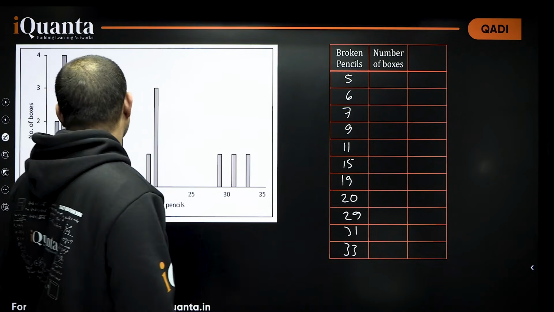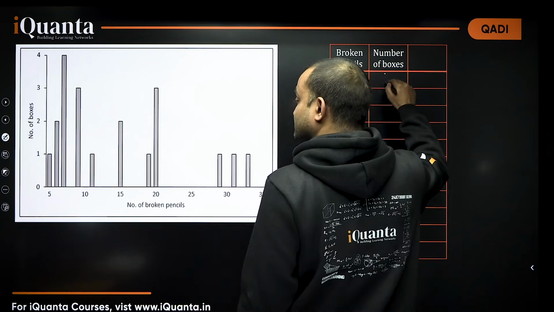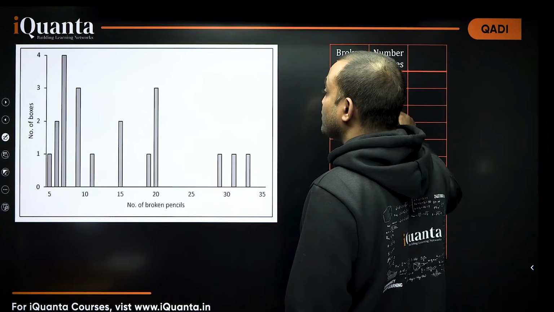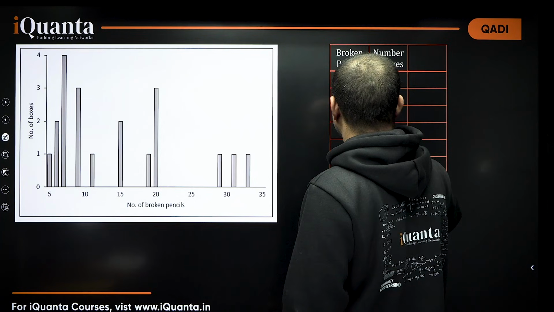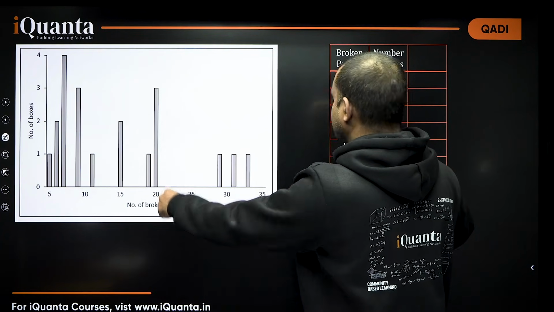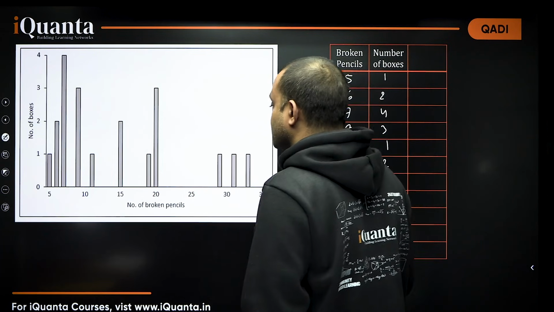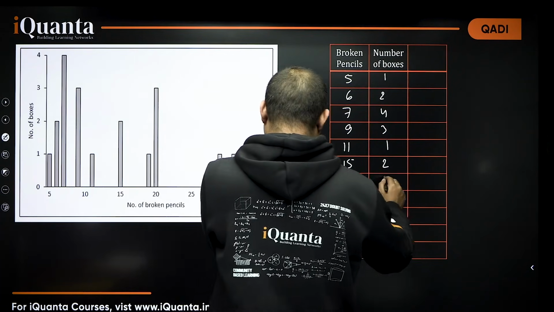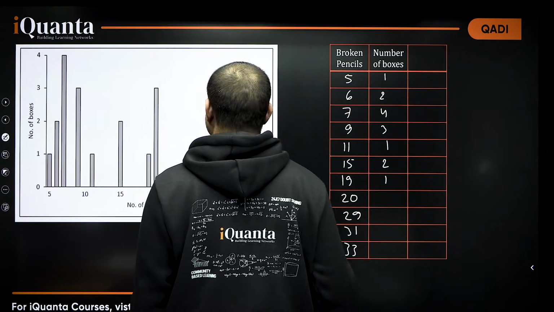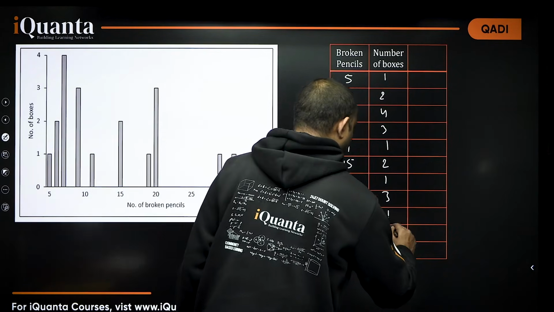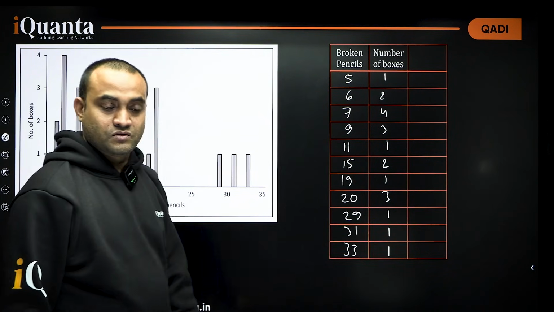Now the number of boxes in this case is 1, then 2, then 4, then 3, then 1 again. In the case of 15 broken pencils, there are 2 such boxes. Then 1 box for 19 broken pencils. There are 3 boxes which have 20 broken pencils, and 1, 1, 1 in each of the other cases, right?